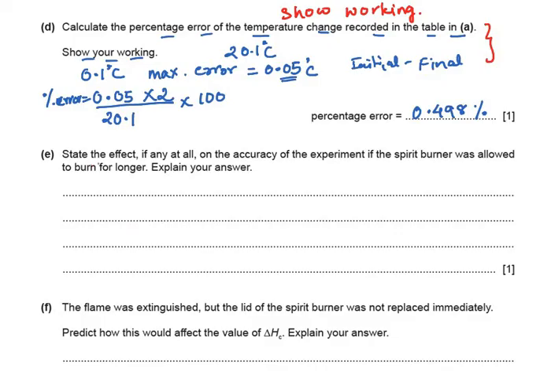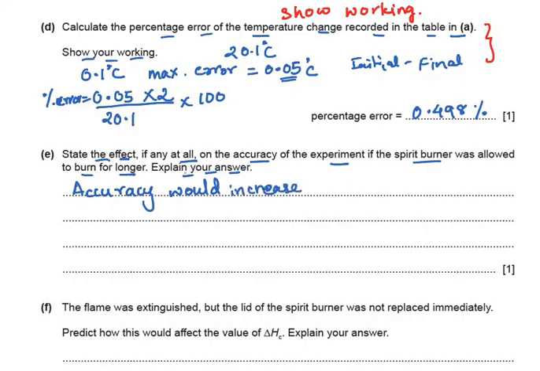It says: state the effect, if any at all, on the accuracy of the experiment if the spirit burner was allowed to burn for longer, and explain your answer. Now here there are two possibilities, but according to what I think, the accuracy would increase. We need to write it clearly, increase.